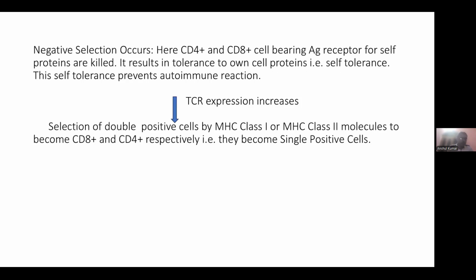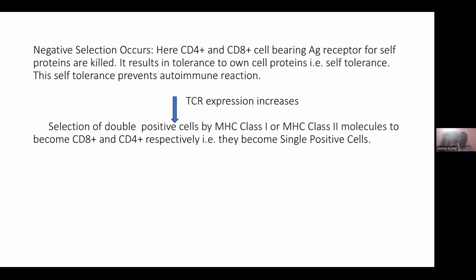Now, through positive and negative selection, T cells are selected for their ability to react both with foreign antigen and self MHC proteins. Both these features are required for an effective immune response by the cells. These cells leave the thymus and reach peripheral lymphoid organs, where they get activated on interacting with foreign antigen.